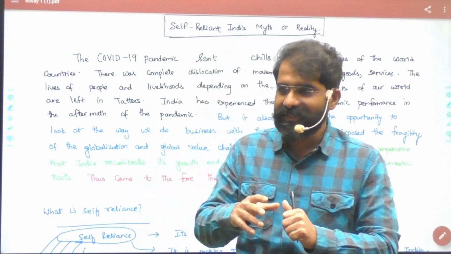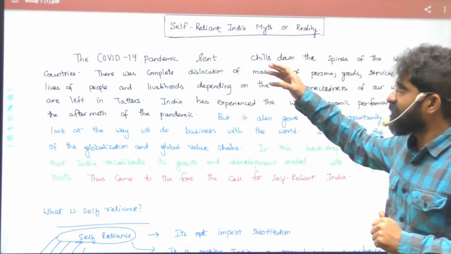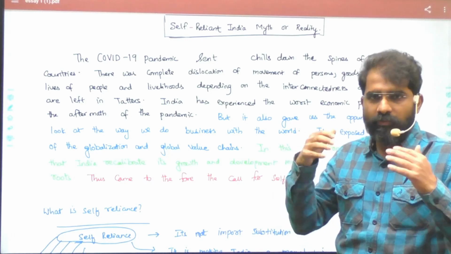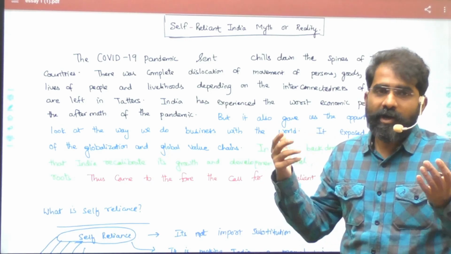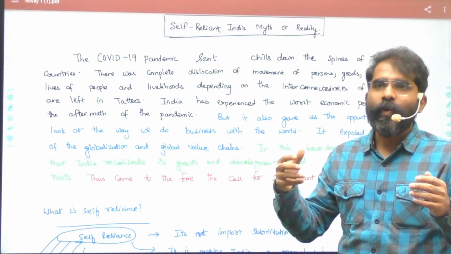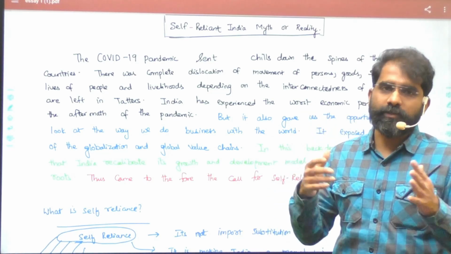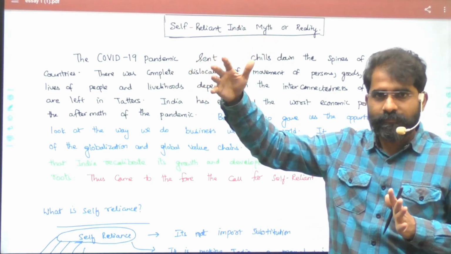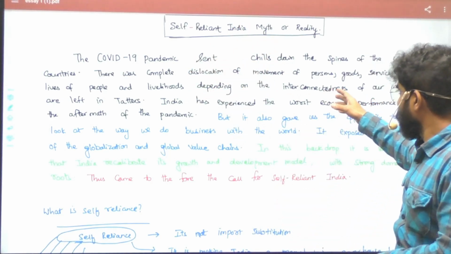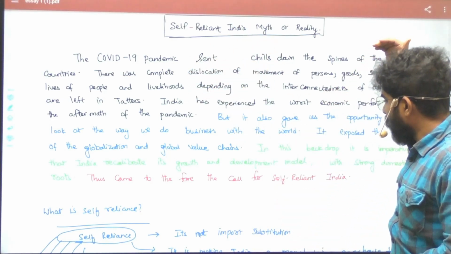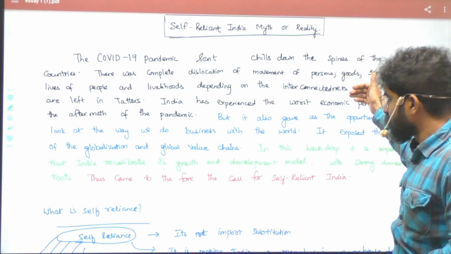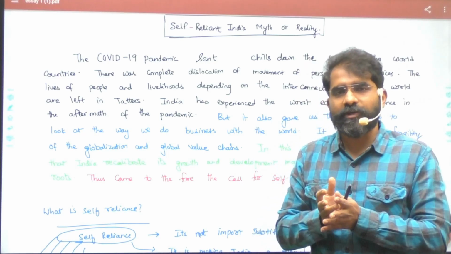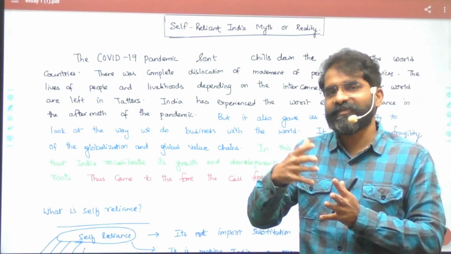If it's an essay, you can think of something like: the COVID-19 pandemic has sent chills down the spine. Why? Because when there was lockdown and supply chain systems were stuck, we saw how dependent we were on other countries, and we were experiencing the worst economic situation during and after the pandemic.